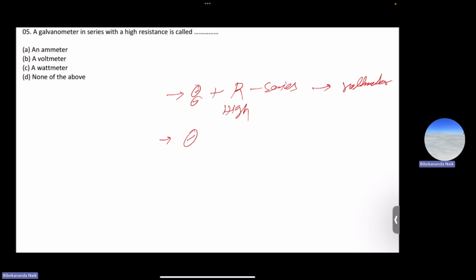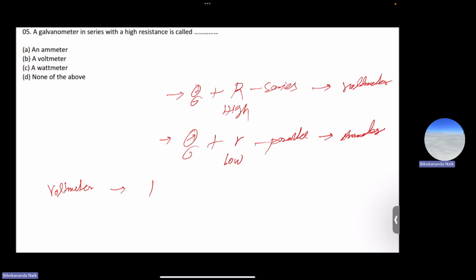Similarly, galvanometer plus small resistance in parallel is called an ammeter. So ammeter is a low resistance galvanometer.